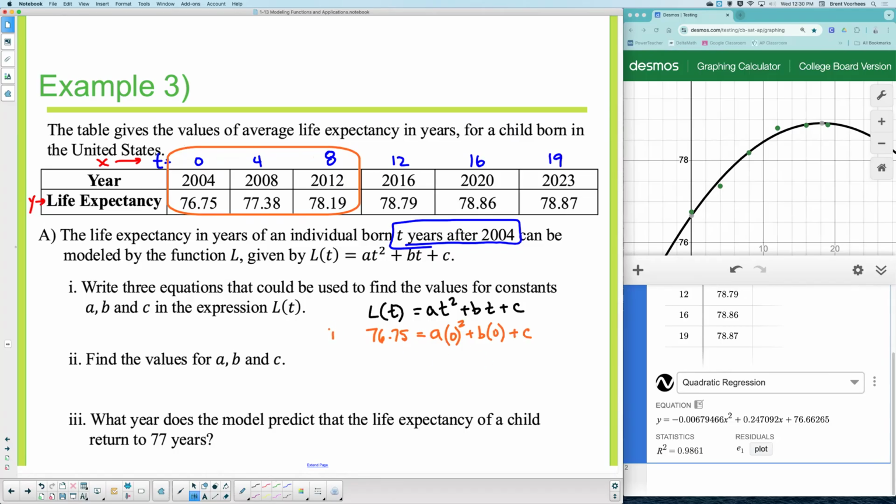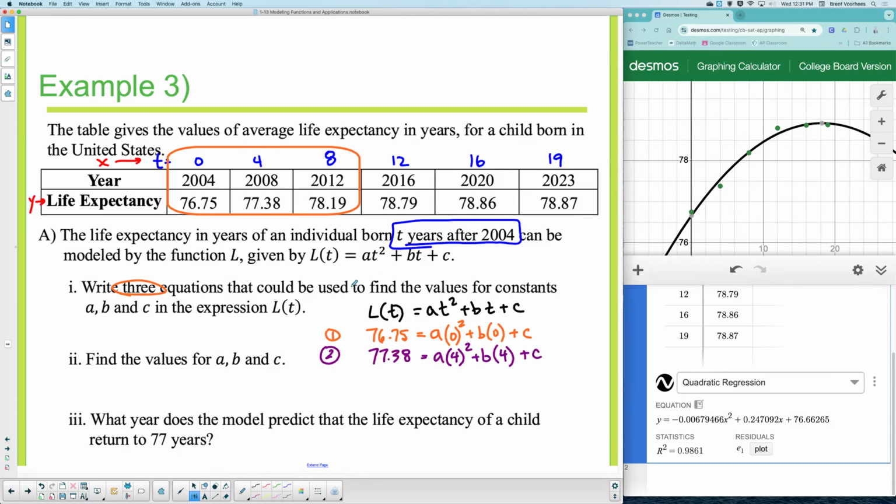There's one equation. How many do I have to write? Not two this time. What does it say right there? Three. We're writing three this time. So there's my first point. My second, 77.38 equals a times 4 squared plus b times 4 plus c. Again, don't simplify.